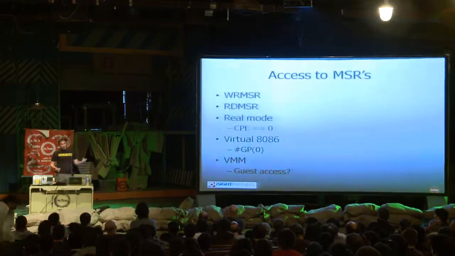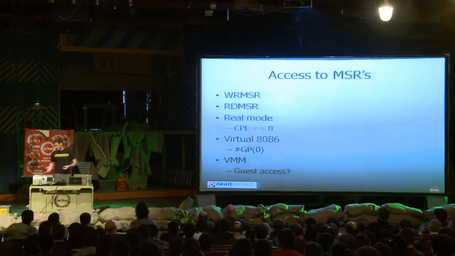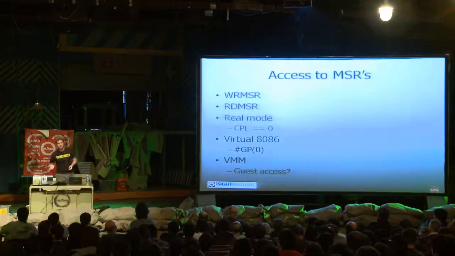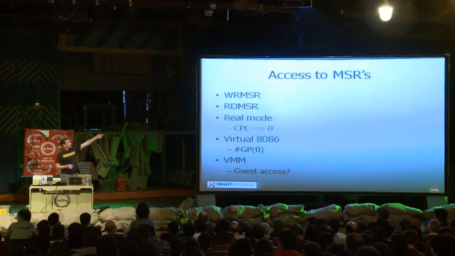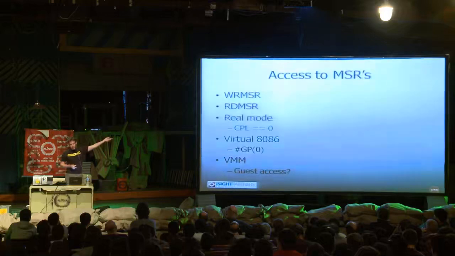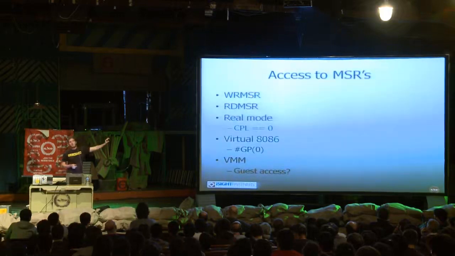So jumping right into it, if you have a processor you're using, I have an Intel Netburst P4 chip in this box. How I use it in the x86 instruction set is with these two instructions, essentially write MSR and read MSR. In real mode, you need a current privilege level of 0, which means you need the highest privilege to even use these instructions.